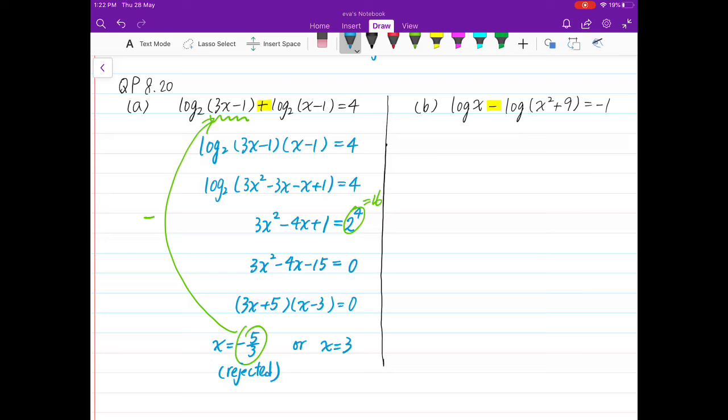Okay, part B, this is a negative sign, so we will change the x and x squared plus 9 to become a fraction, and then a log at the beginning equal to negative 1. Next, we move the log by moving it to the right hand side to become a base of 10 and then power of negative 1.